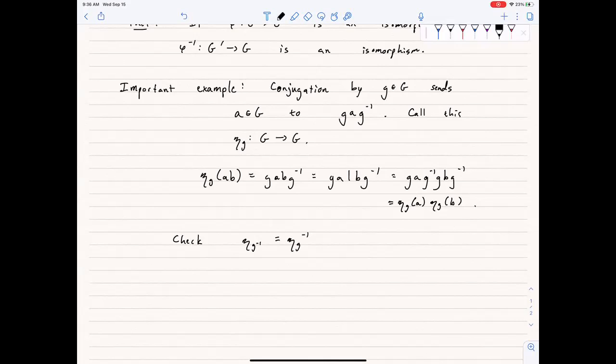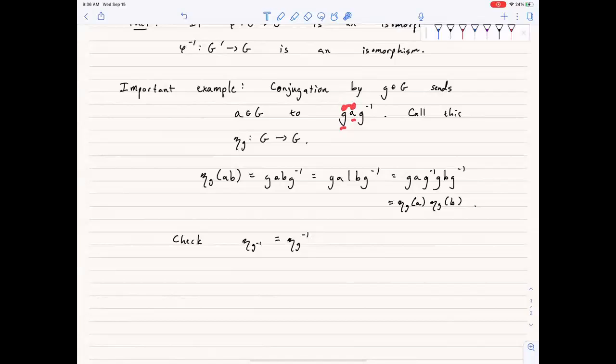Let me ask you guys a question. If this is an abelian group, what is conjugation? G is abelian. What is eta sub g? It's the identity. Abelian, remember, means the operation is commutative. That means that the order doesn't matter here.